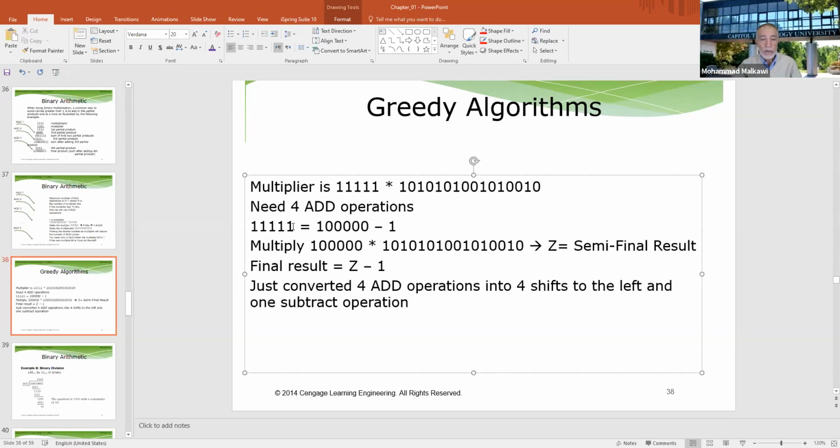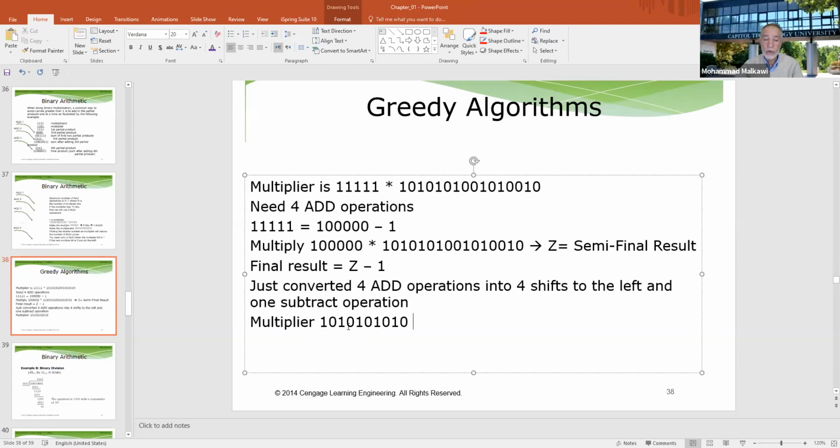Sometimes you'll see, if you convert this number into many zeros and then do the subtract, that here I was able to save a lot. But if my multiplier was something like 1, 0, 1, 0, 1, 0, 1, 0, 1, you are not going to gain if you convert this, because you will still have the same number of ones no matter what. So 1, 2, 3, 4, 5 ones, so you have 5 adds.